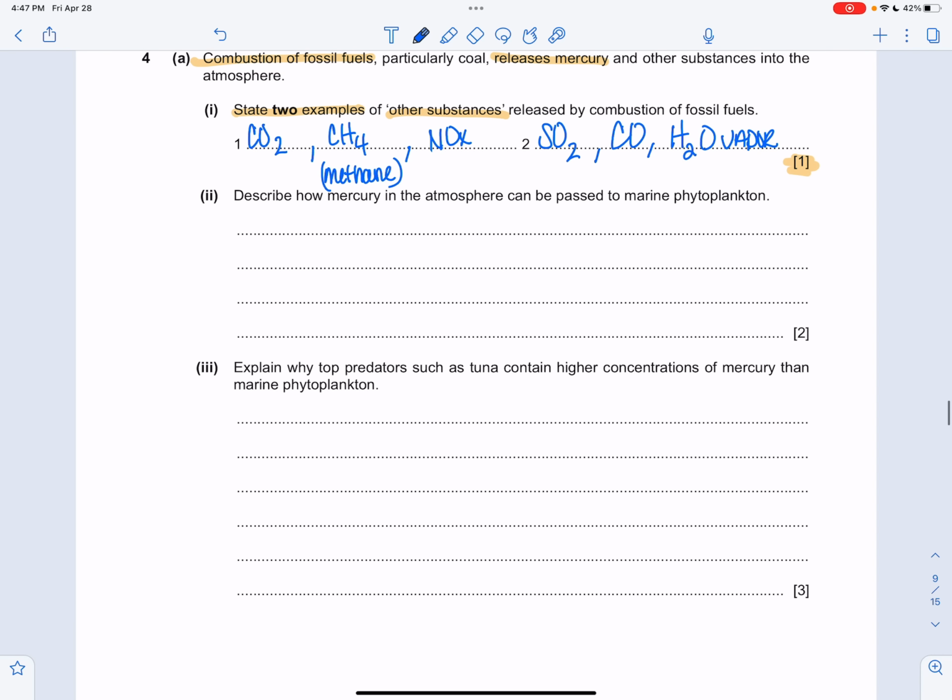Describe how mercury in the atmosphere can be passed into marine phytoplankton. Mercury is not in its gas form. It actually will get dissolved into the vapor of the atmosphere, and then it'll come back to the surface of Earth through precipitation, or rainfall.